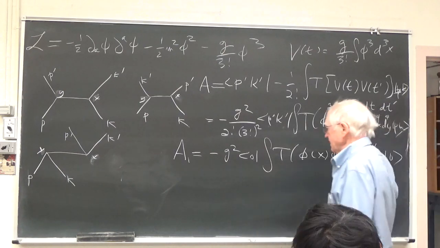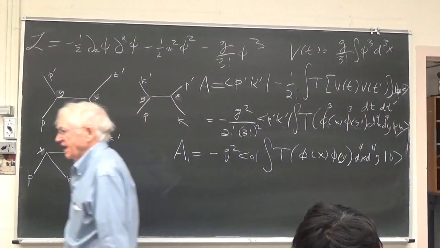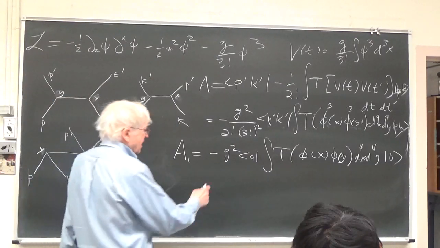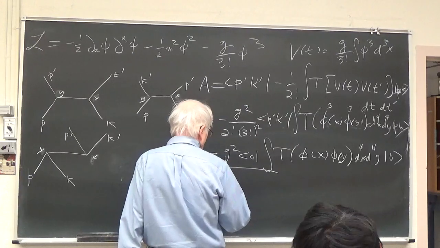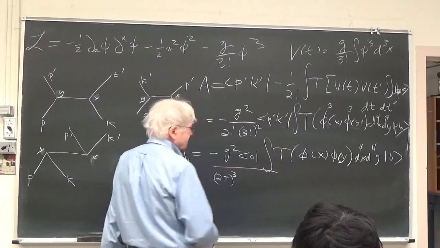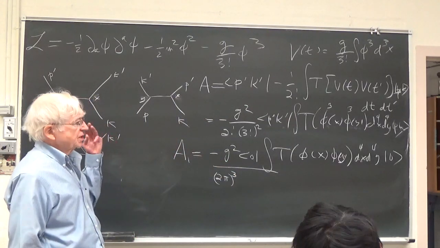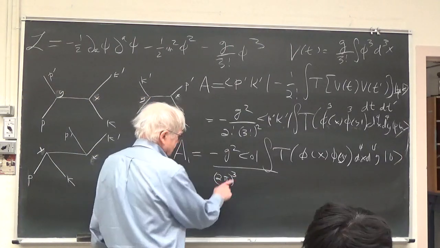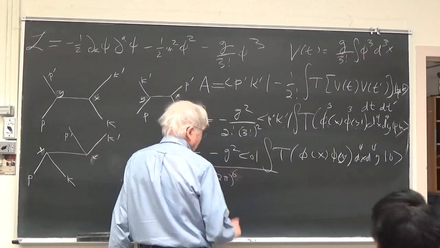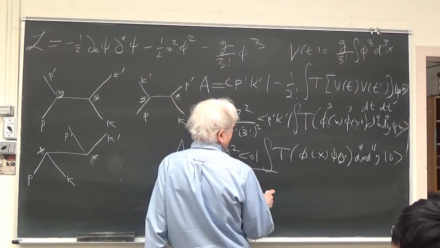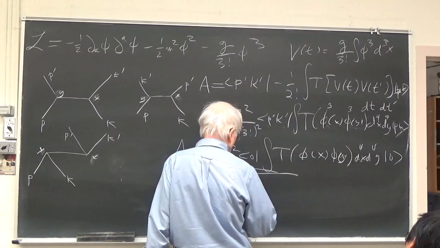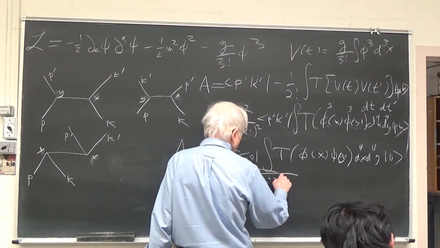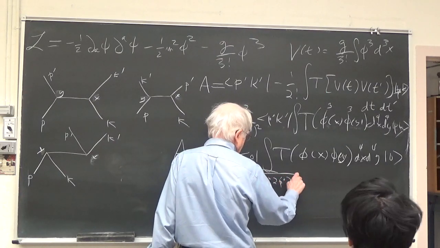Well, each field kicks out a 1 over square root of 2 pi cubed twice the energy, and so we have 2 pi cubed to the 3 halves, but 4 times, so it's 2 pi to the 6th, and then we have a square root of all of the energy, so 2p0, 2k0, 2p prime 0, and 2k prime 0.